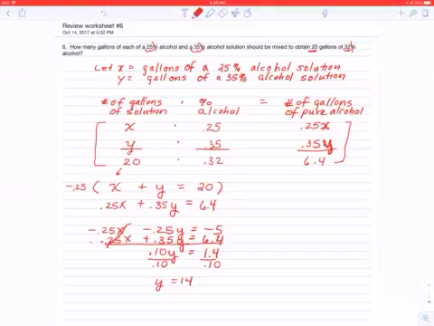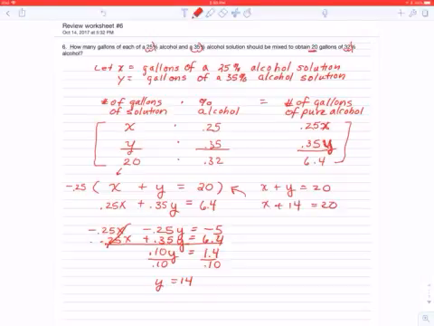So to find x, I'll go back to that first equation, x plus y equals 20. So if I replace y with 14, I have x plus 14 equals 20. Subtract 14 from both sides. I get x equals 6.